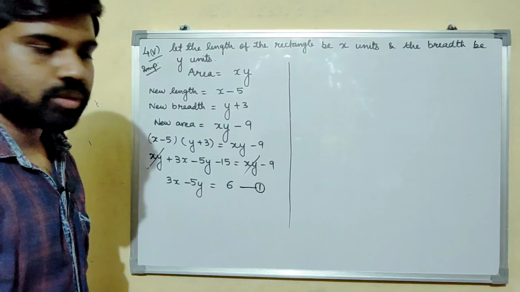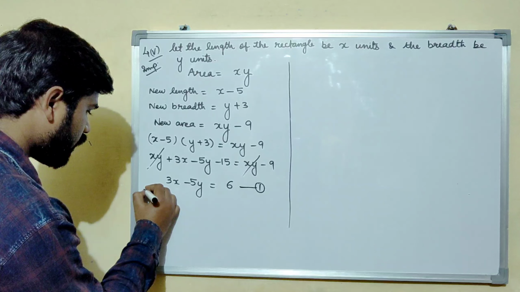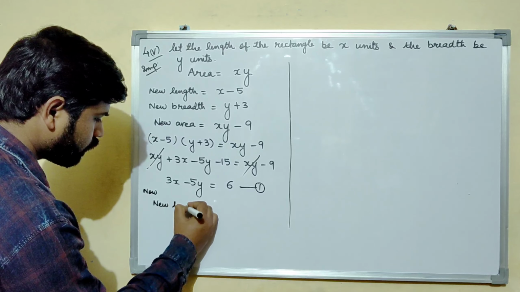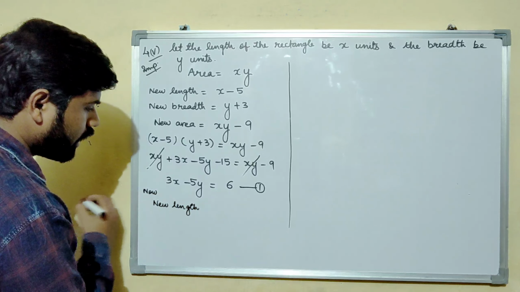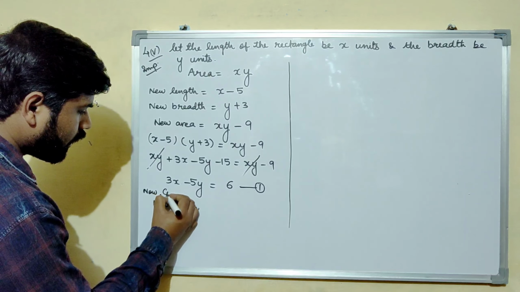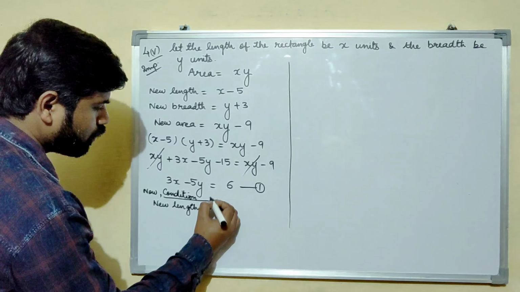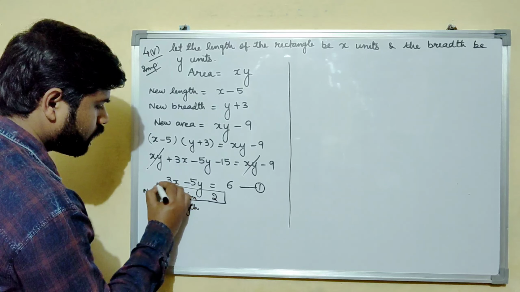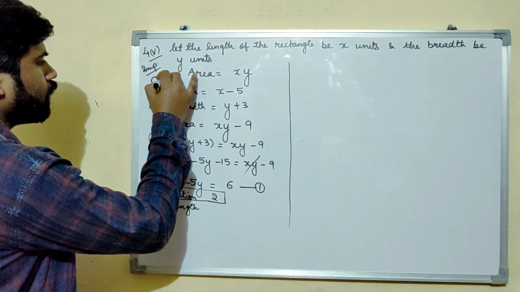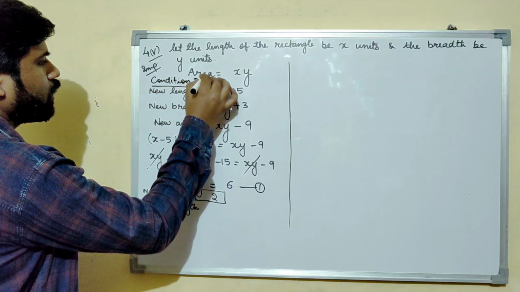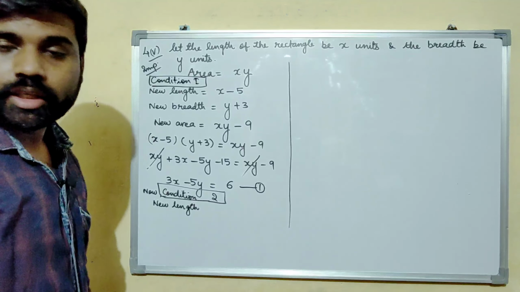Now for the second situation, they have said the new length... Okay, you can give a heading like this: condition 2, and this is your condition 1 or case 1, whatever you want to write. Okay, condition 1.